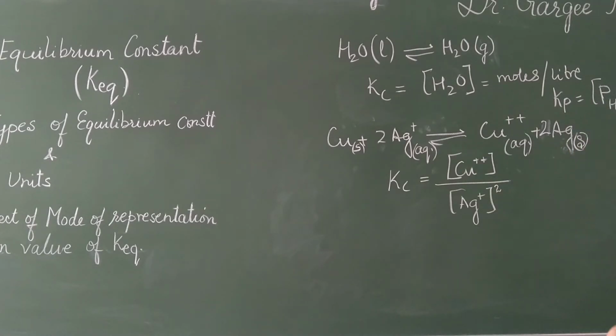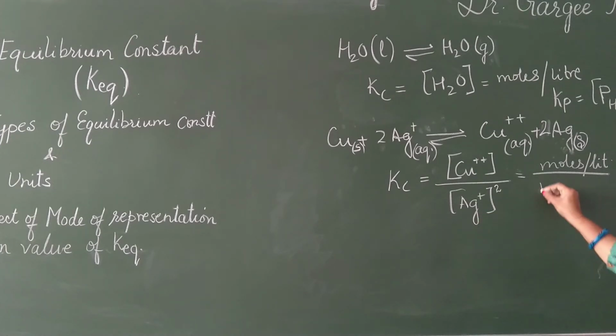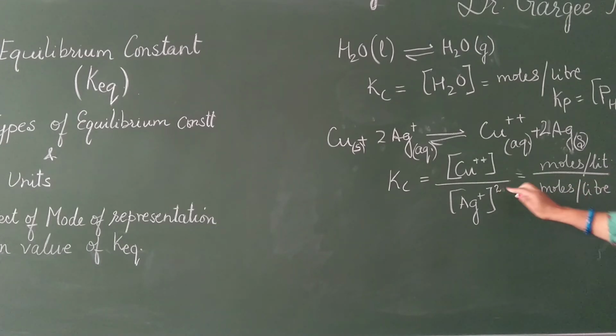So let's calculate the units over here. What will be the units? This will be in moles per liter, divided by Ag+, which again will be in moles per liter, but now raised to the power 2.